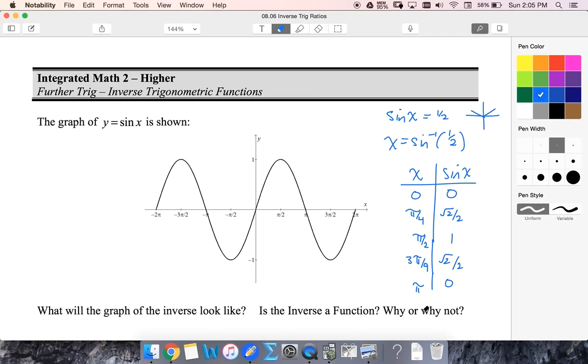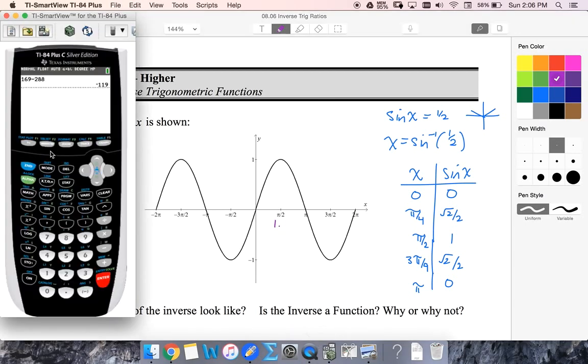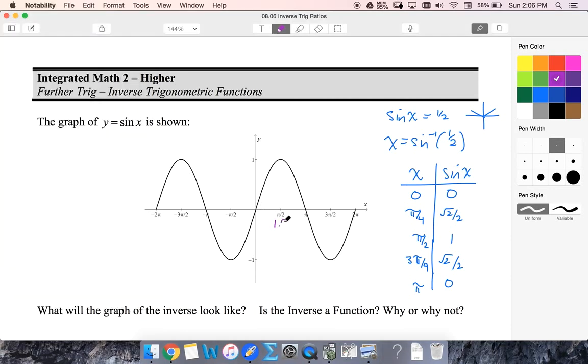So remember that the inverse is when I switch all my x and y values. I can also think of the inverse as being the reflection over the line y equals x. So pi over 2 is approximately 1.57, so this is about 1.5.